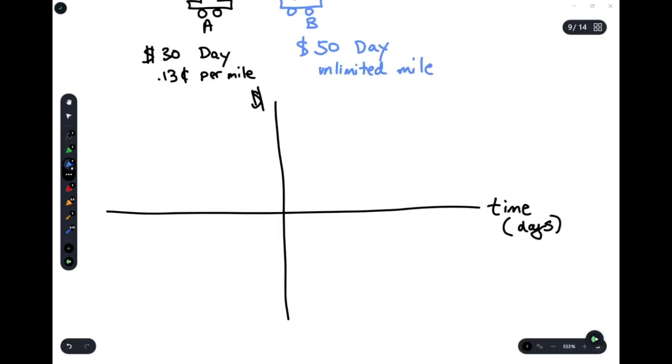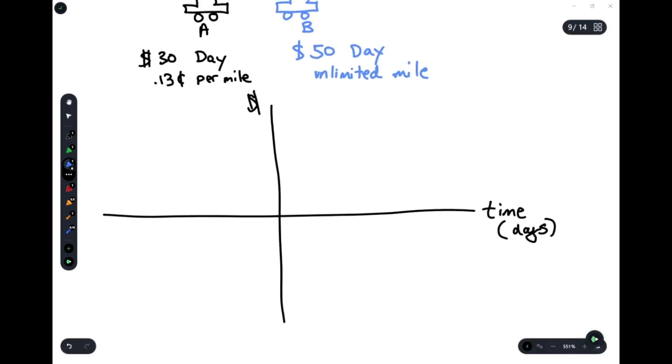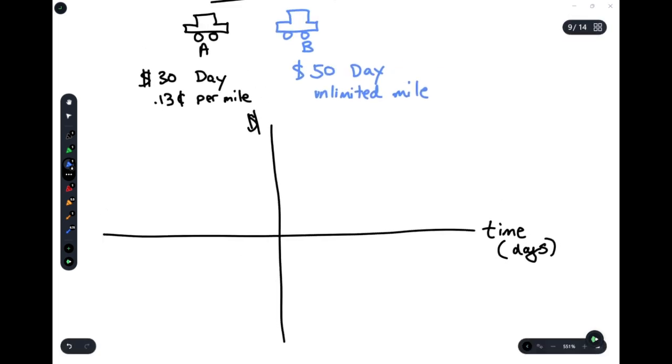Okay, so I think the blue line's way easier. If I rent the blue car for 1 day, how much does it cost? 50. Blue car. Yeah, 50. If I rent the blue car for 2 days, how much does it cost? 3 days? 4 days? It's a pretty consistent line, right?